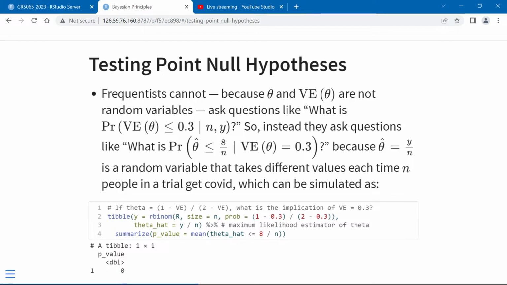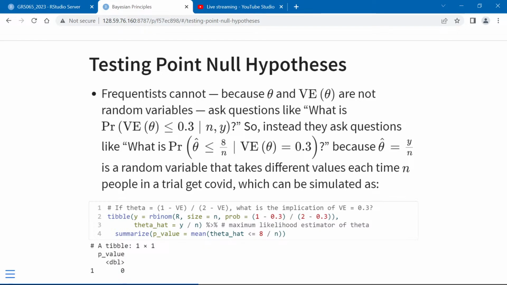Okay, let's fix that. Imagine doing R trials, like clinical trials, each of which within people who have COVID, and ask, what proportion of those were vaccinated. So Y over N is the maximum likelihood estimator of theta.